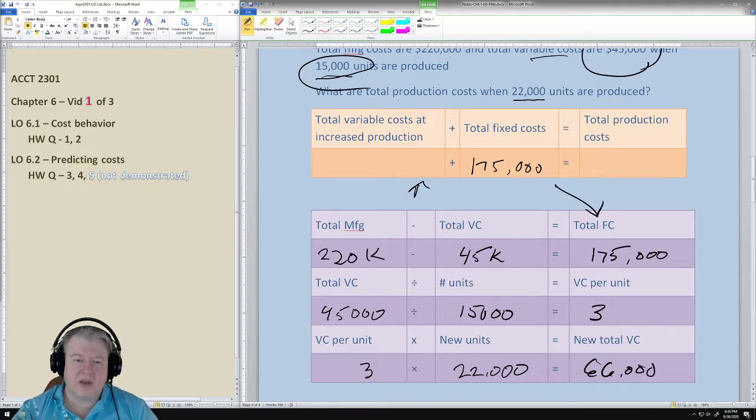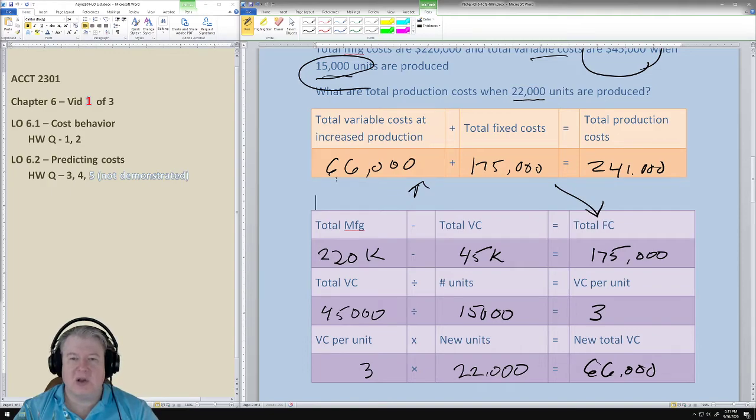So you could see where this would be useful if your boss asks you and you're the cost accountant in the company and they're wondering if we ramp up production, what's our total cost going to be? Well, at least you now have a basic tool to figure this out. So this would be 66,000 plus the total fixed cost, and you would say, okay, it might be this amount.